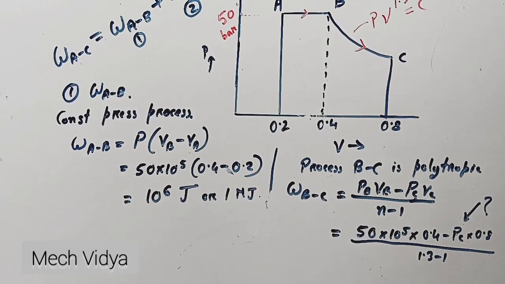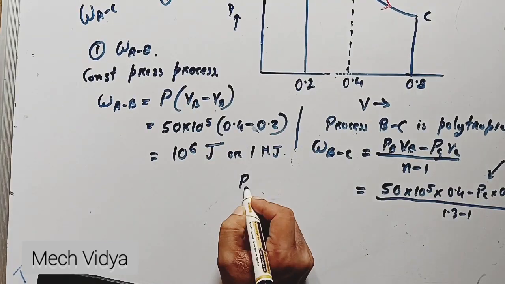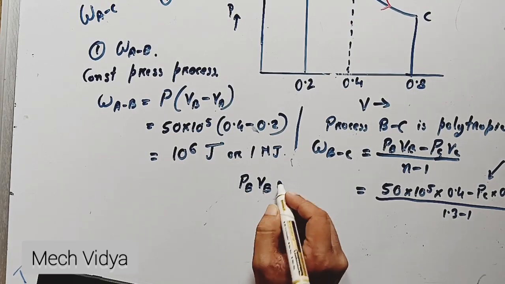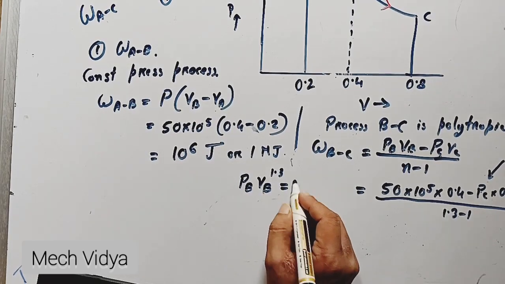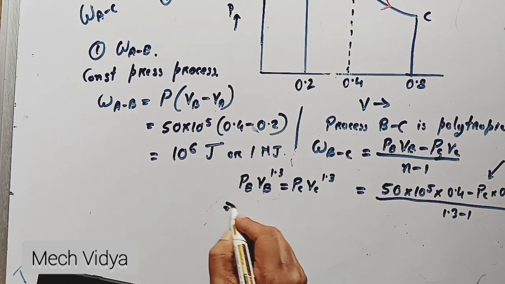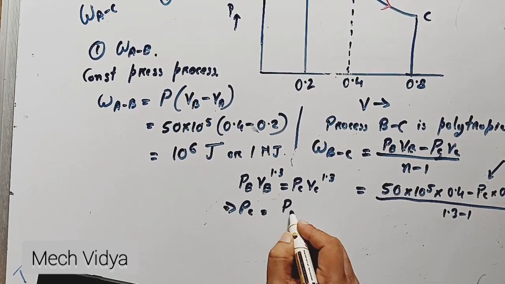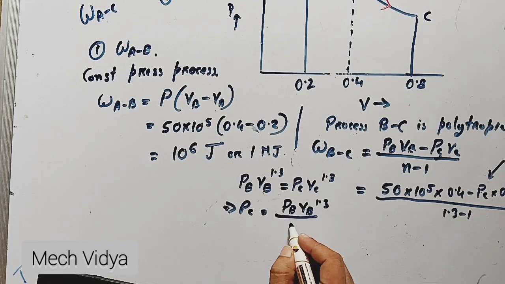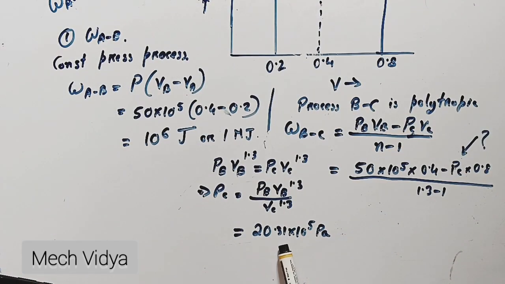So it is given that PV to the power 1.3 is equal to constant. So from this relation we can find out PC. Okay, so I can write PB into VB to the power 1.3 is equal to PC into VC to the power 1.3. So from here the value of PC can be easily found out. So if you do the calculation, you will find that the value of PC is around 20.31 into 10 to the 5 Pascal.